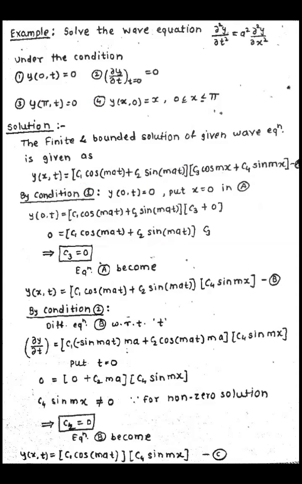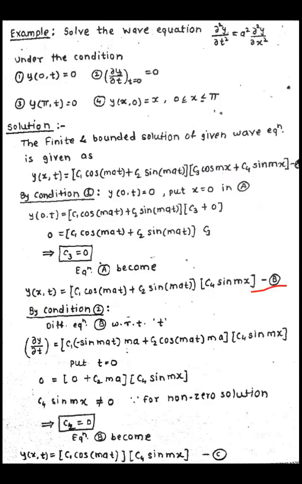So we have to treat c3 = 0 for a non-zero solution. So we obtain the first arbitrary constant, c3 = 0, and immediately put it into equation A. Equation A becomes y(x,t) = (c1 cos mat + c2 sin mat) c4 sin mx, and the c3 term is completely 0.